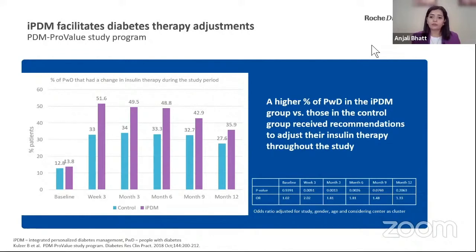I think this is a group of patients with diabetes that we need to identify as a special population, which needs higher education, higher awareness, higher motivation, and higher support, because it's not easy to manage insulin at home.